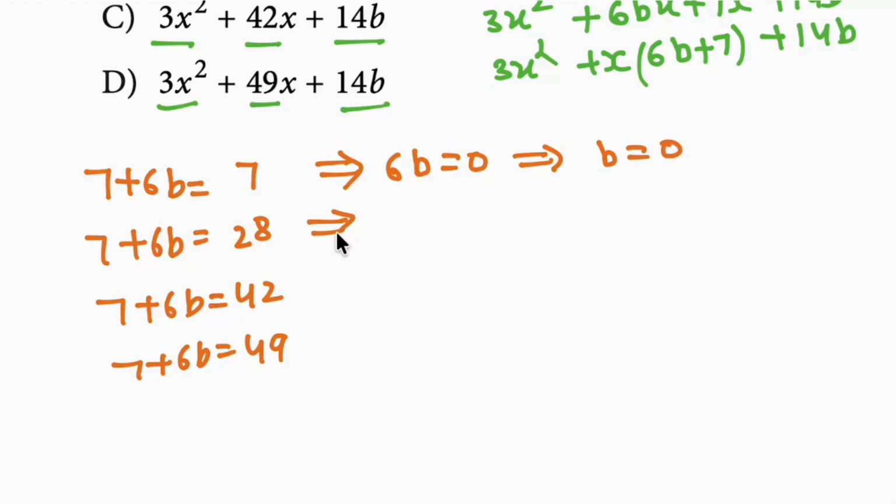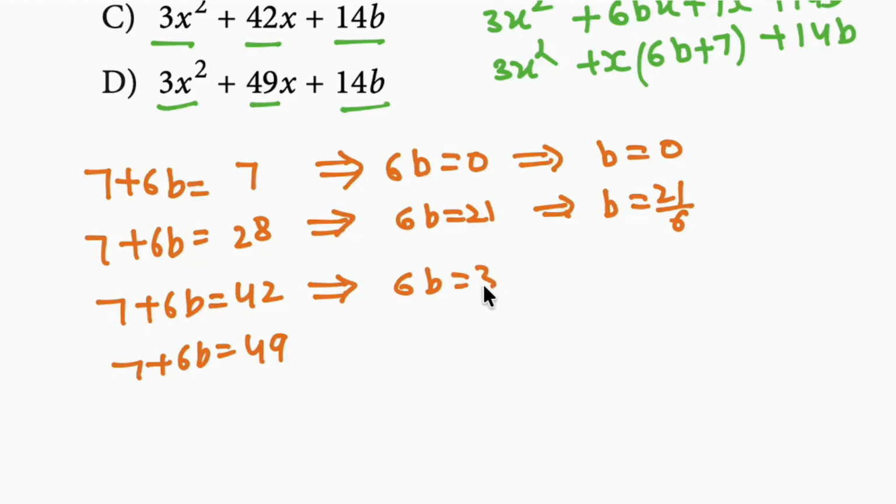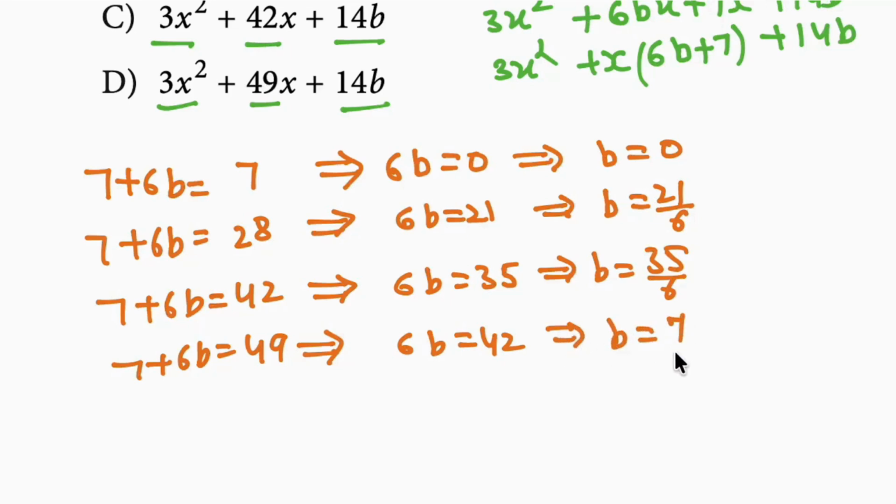Now if I solve the second one, 6b is equal to 21, and this implies that b is equal to 21 by 6. If I solve the third one, subtracting 7 on both sides, 6b is equal to 35. This implies that b is equal to 35 by 6. And if I solve the fourth one, then 6b is equal to 42, and this implies that b is equal to 7. So this is the only value which is giving me an integer.